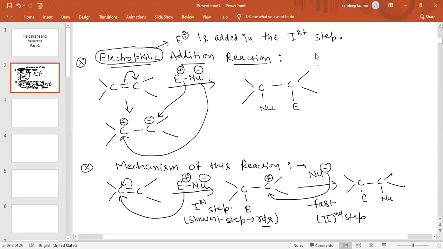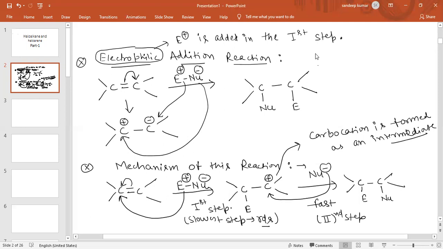As we can see, this is the carbocation. So we will say that in this reaction, carbocation is formed as an intermediate.